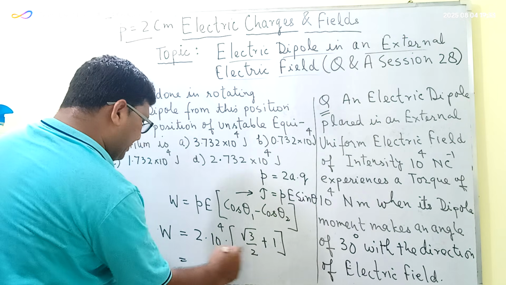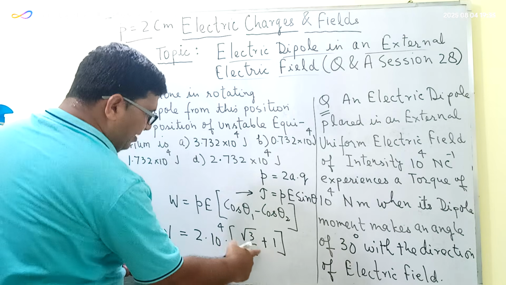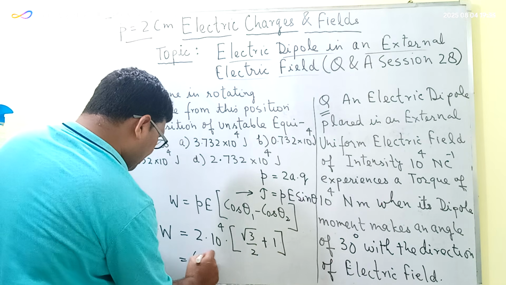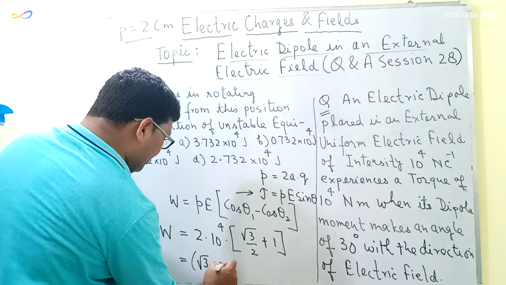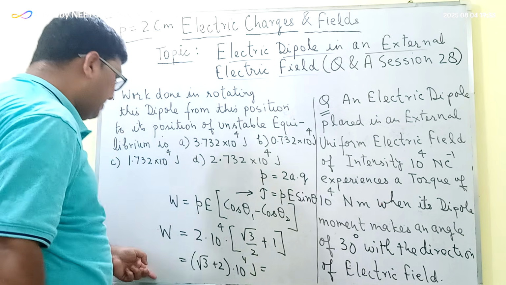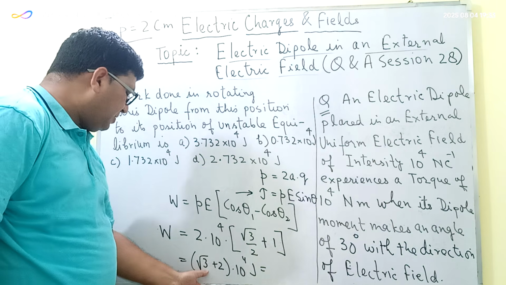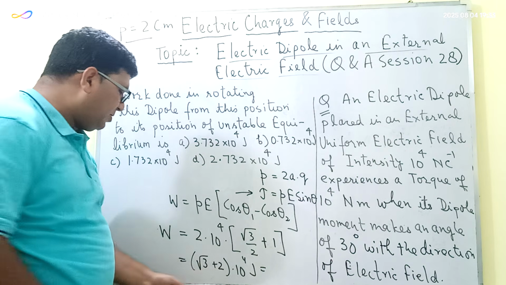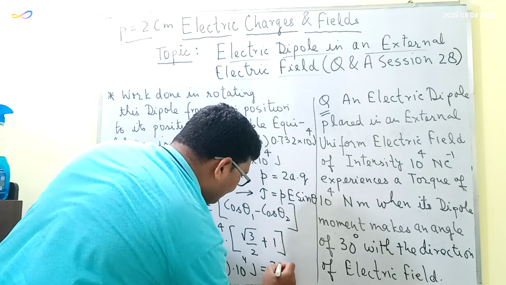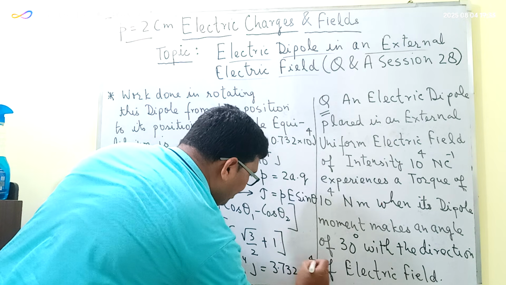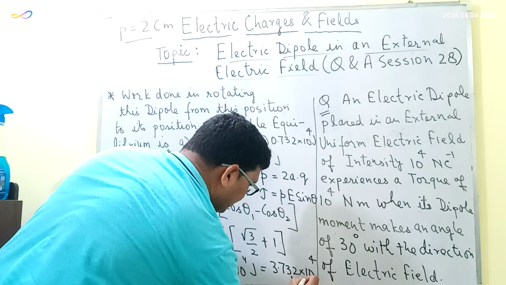So finally, if I take the LCM, I will get root 3 plus 2. So the work done will be equal to (root 3 plus 2) into 10 to the power 4 joules, or this can be written as, root 3 is equal to 1.732, so 1.732 plus 2 will be equal to 3.732 into 10 to the power 4 joules.